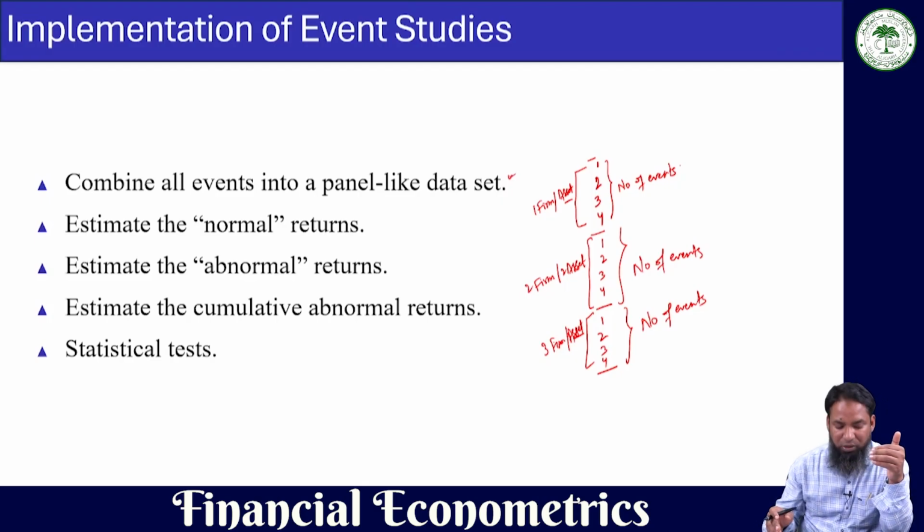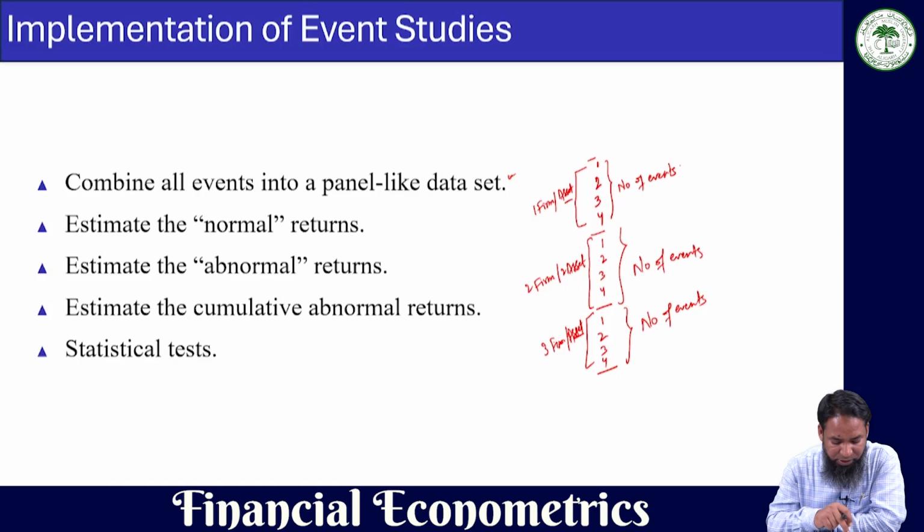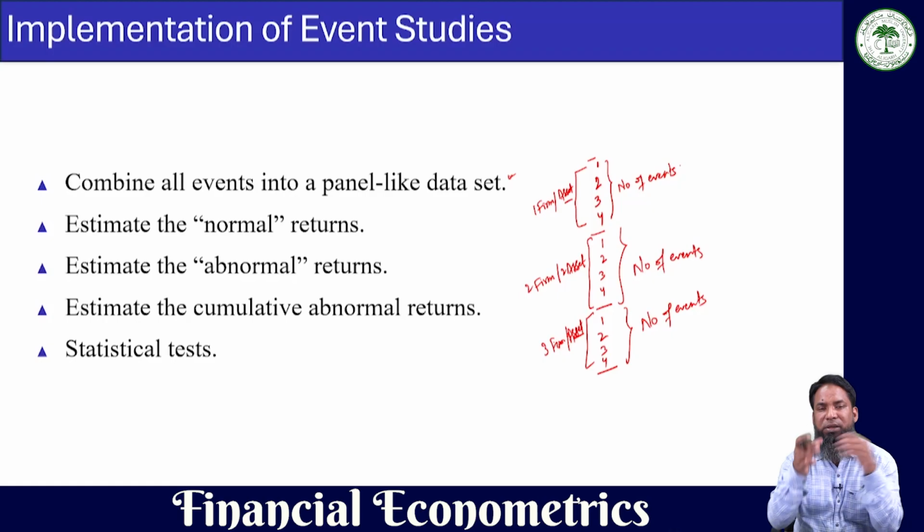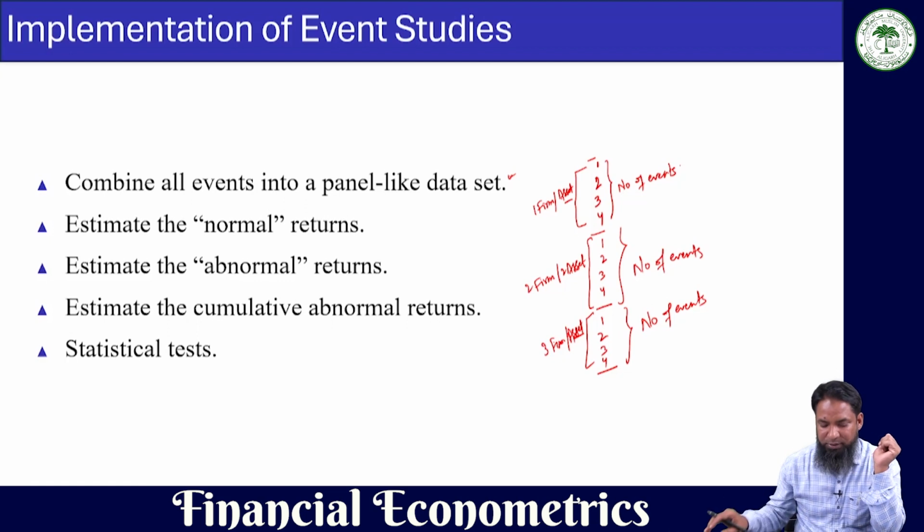So, we have combined all the events. Then estimate the normal returns, estimate the abnormal returns, estimate the cumulative abnormal returns, and have the statistical test. Using the statistical test, we can make the inference whether there is impact of the event or no impact of the event on the asset prices.